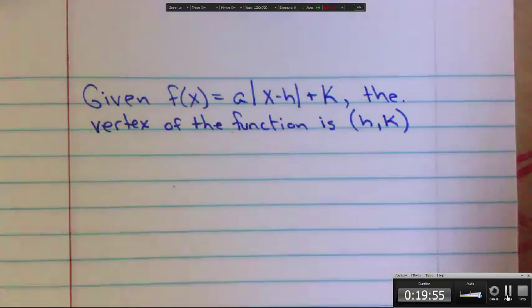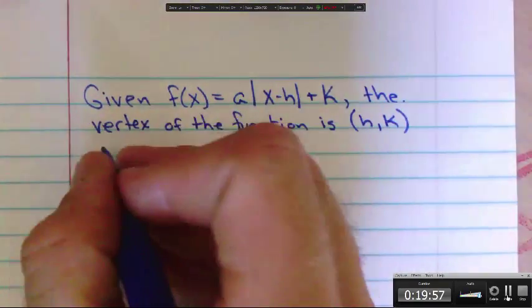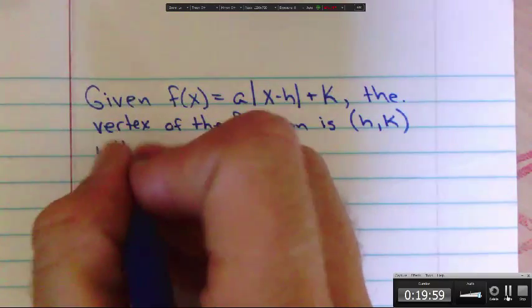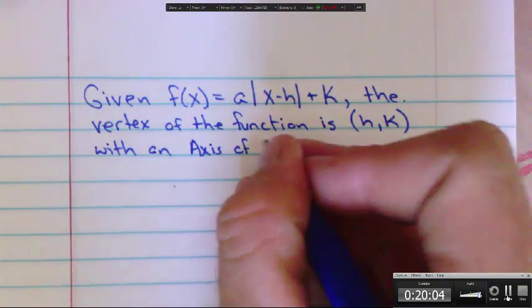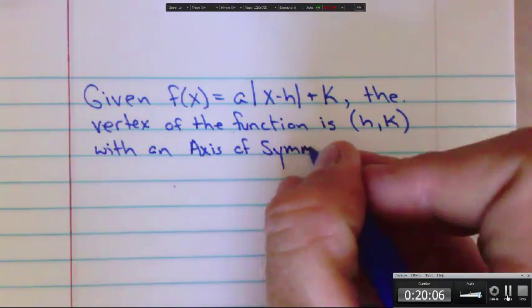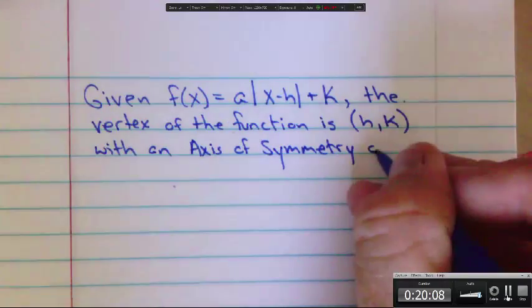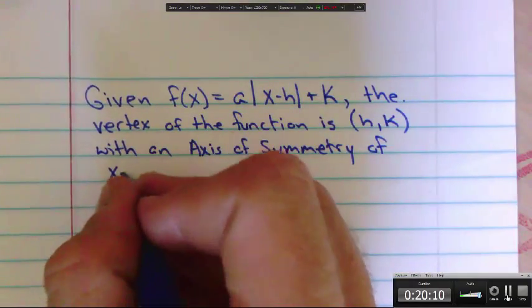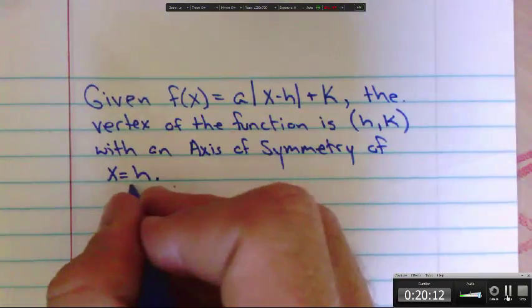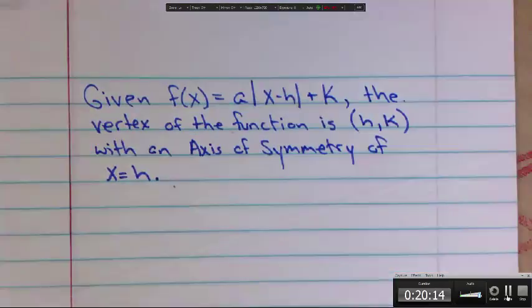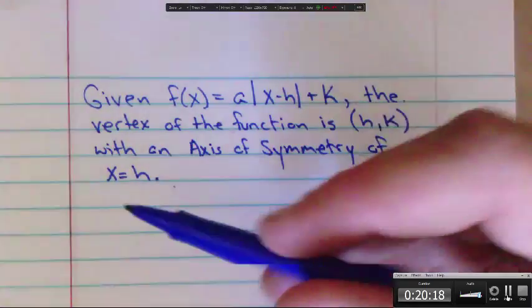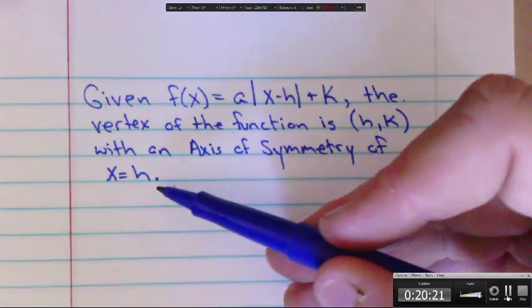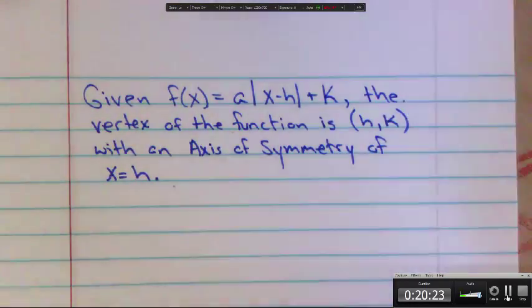So the vertex of the function is (h, k) with an axis of symmetry of x equals, and remember, the axis of symmetry is always the line that runs down the middle. The line that runs down the middle always corresponds to the x value of the vertex. So it's going to be a vertical line that has the same x value as the vertex.